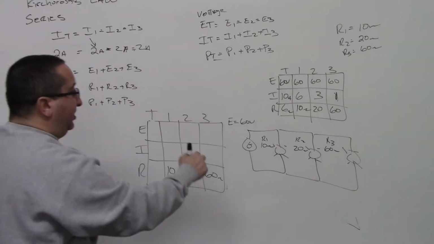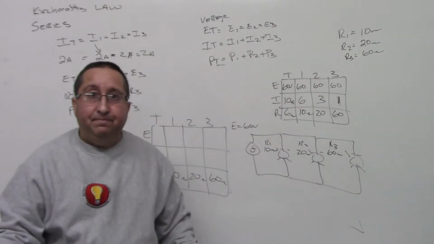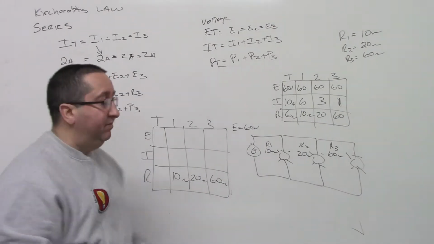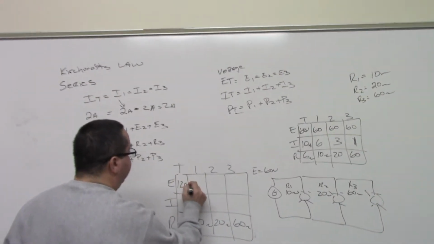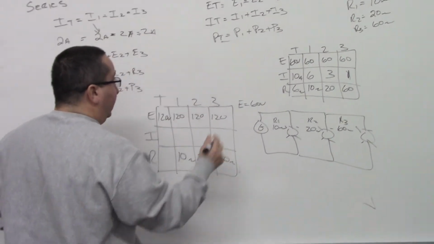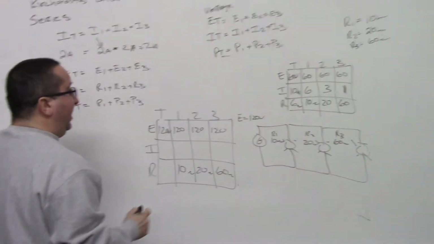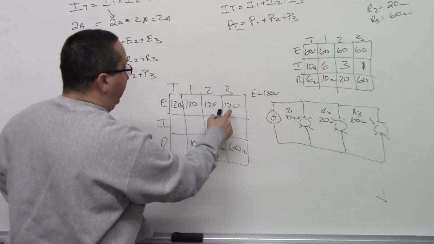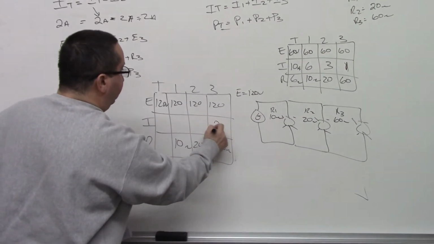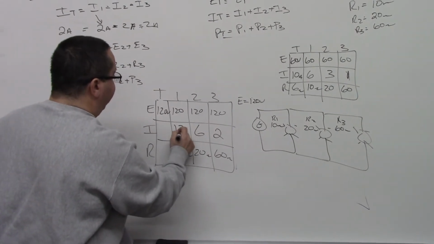Let's double the voltage. Here we got 60. Remember, in the parallel circuit, voltage stays the same. So there's 120 volts, 120, 120, 120, right? Watch what happens. 120 divided by this is 2, this is 6, and this is 12.